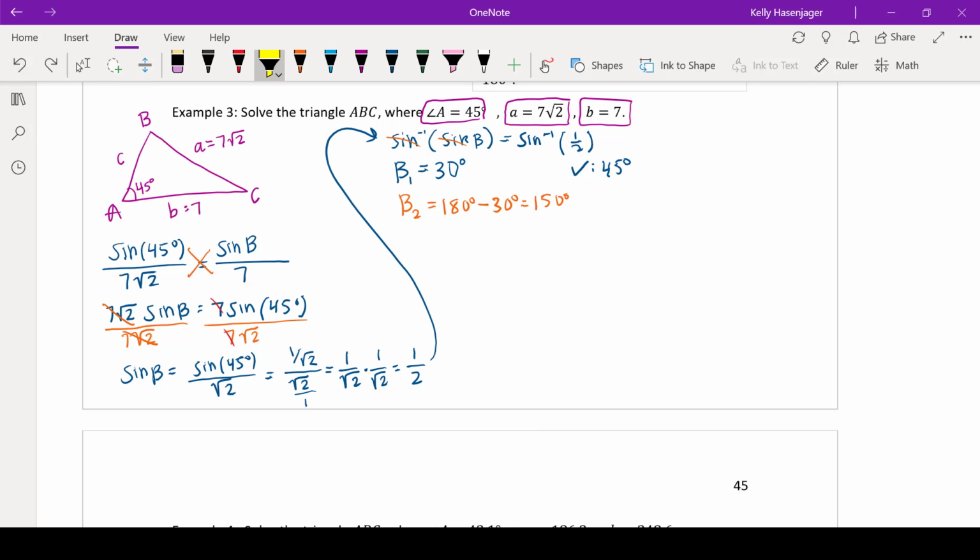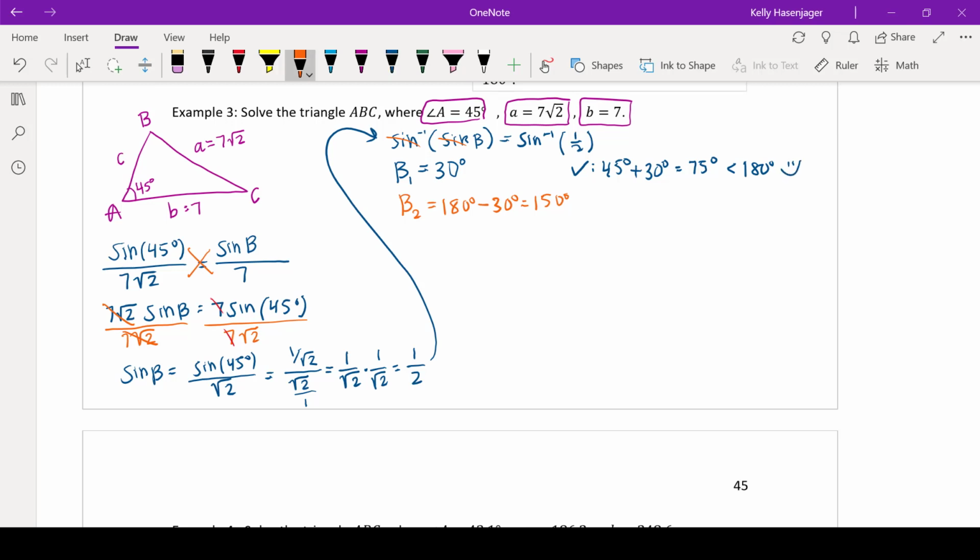We want to make sure that plus our optional b sub 1, which is 30 degrees, is less than 180 degrees, because all three angles have to add up to 180. So 45 degrees plus 30 degrees is 75 degrees. That's less than 180 degrees, so we're good. That can be a triangle.